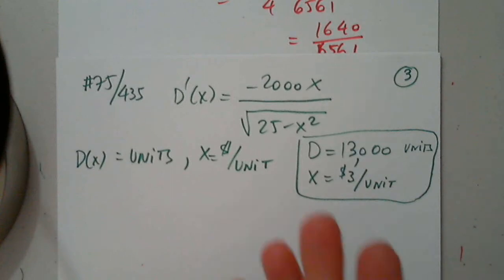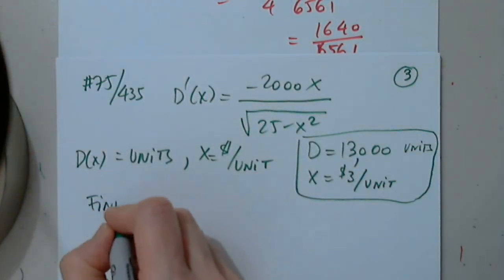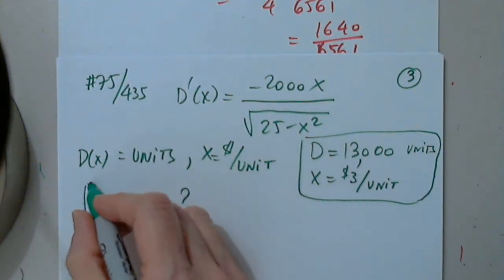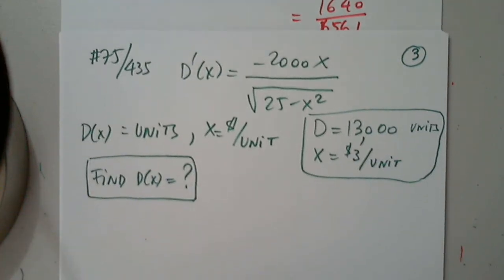Okay. So we are given the derivative, we are asked to find d of x. How do I do this? What is the idea? What am I looking for? The antiderivative. Brilliant, thank you very much.